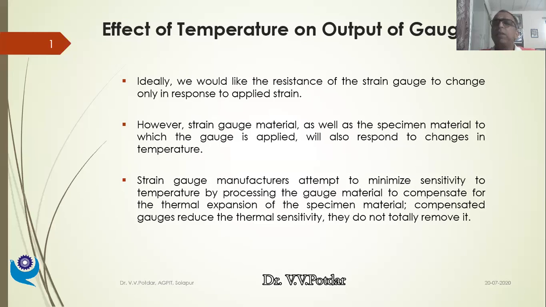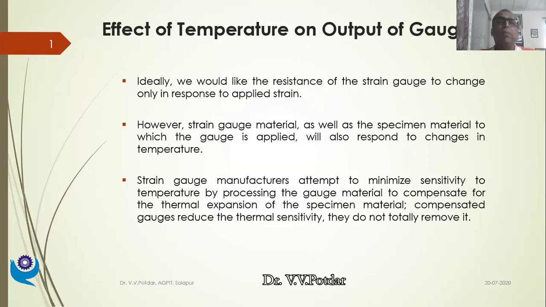If you just remember the expression, the resistance R of any conducting wire is equal to resistivity rho into length of the wire divided by cross-sectional area of the wire.